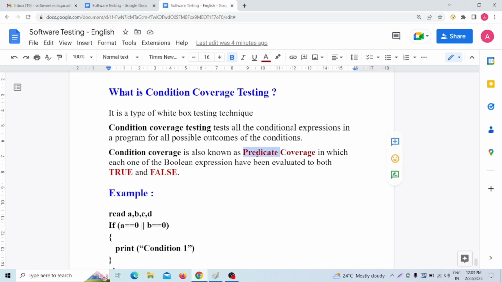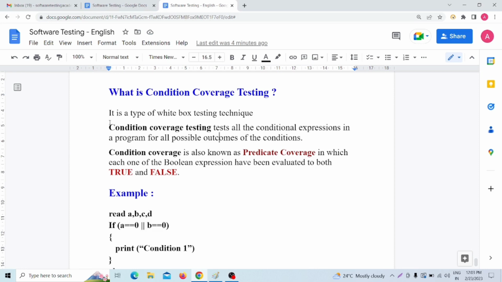If your interviewer asks what you mean by predicate coverage, you have to tell about all the things on condition coverage testing. Condition coverage is also known as predicate coverage, in which each Boolean expression is evaluated to both true and false. Basically, condition coverage is totally based upon true and false values.